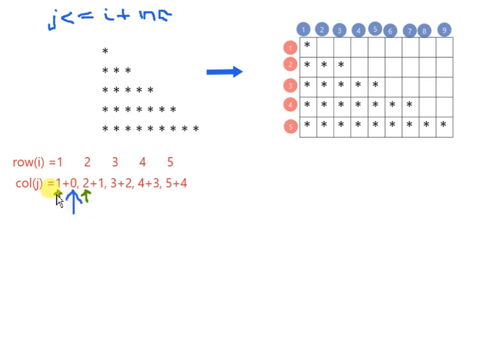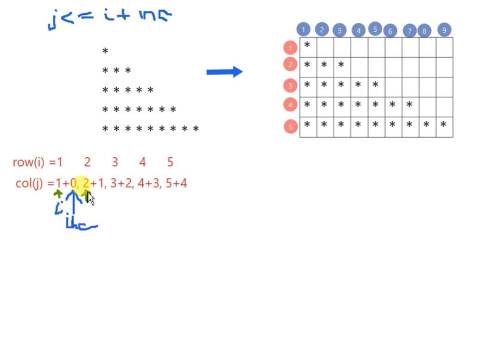Now we observe that for every I value, the increment variable is one less than the current I. See, if we have I as 1, then the increment variable is 0.